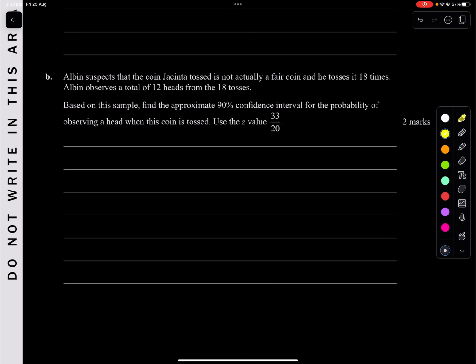Based on this sample, find the approximate 90% confidence interval for the probability of observing a head when this coin is tossed, use the Z value 33 over 20. So your p hat is 12 over 18, which is 6 over 9, which is 2 on 3.